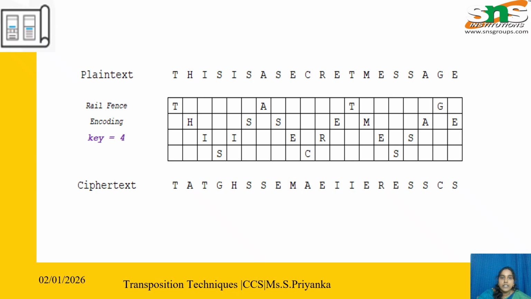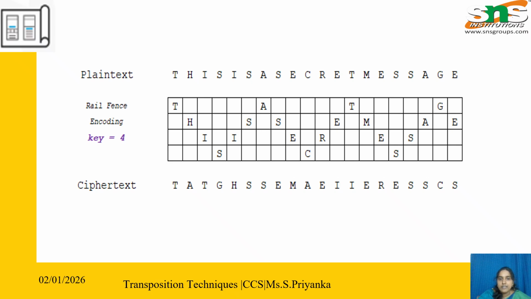Then we place this plaintext, that is in the first row, first column T, then second row, second column is H and I, and it goes in diagonal order. We enter the message in this order, and then we have to read it off to write the ciphertext.